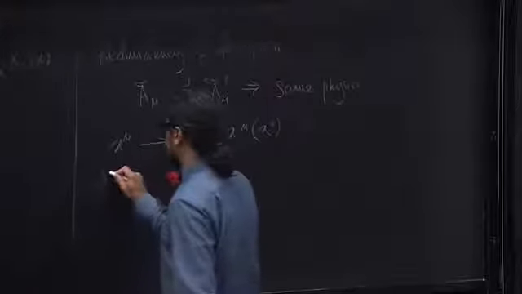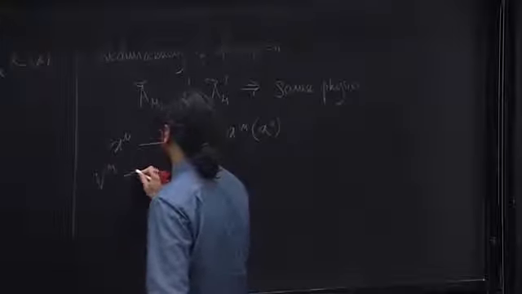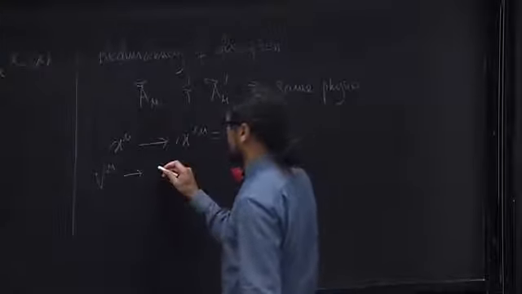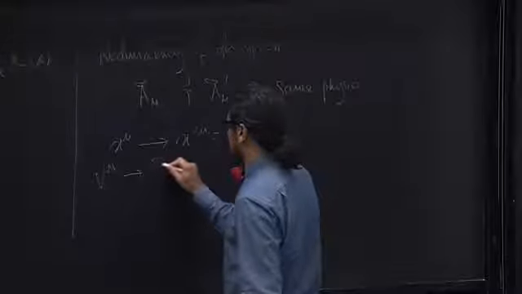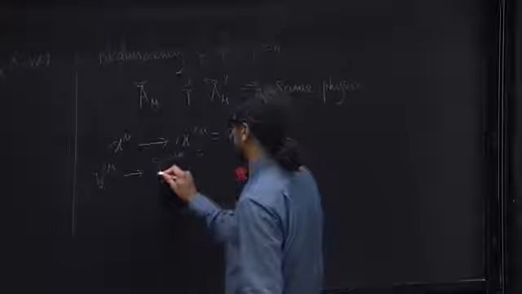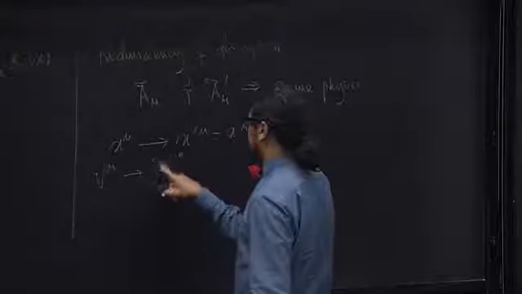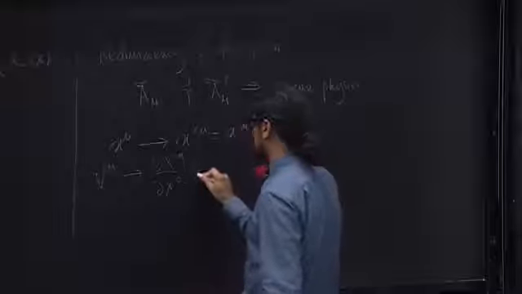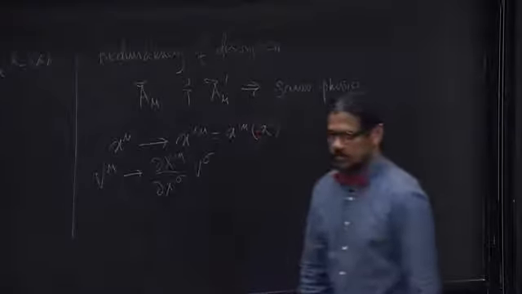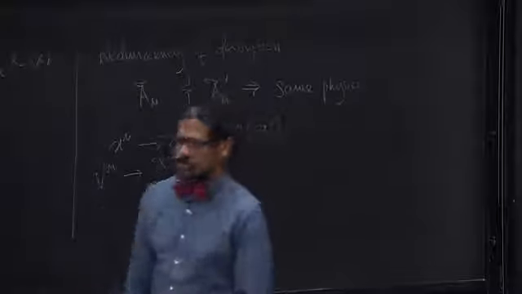And then your vectors transform like something like this, right? The Jacobian matrix times those vectors. And you know that the curvature tensor also transforms like this.